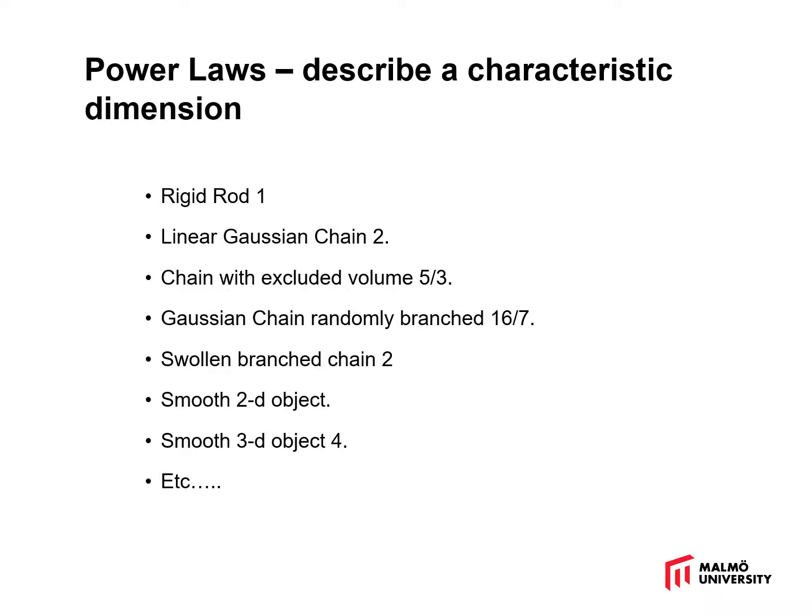But here's a compilation of some typical power laws and what they're associated with. There's some reviews at the bottom, but I thought it'd be much more useful to go into a fairly detailed example where this approach has been really quite powerful in understanding a scattering curve over an extended Q range.